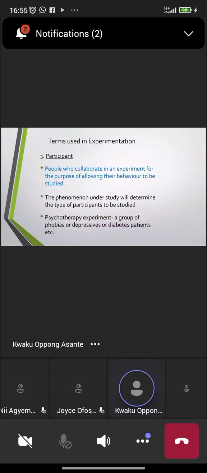And now within the sample, individual people we call participants. So the 50 people that I will select from this class, it's like 224 class, you become my participants. So people who collaborate in an experiment for the purpose of allowing their behaviors to be studied. As much as possible, we select people, participants, whether of course, most research has to be voluntary.